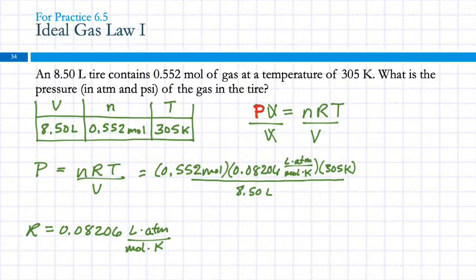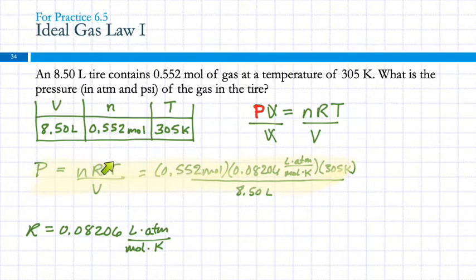So this part here is the minimum of what you should write in showing your work. Write the equation in its rearranged form, bless you, and then write it with all of the values plugged in with their units. That's the bare minimum.